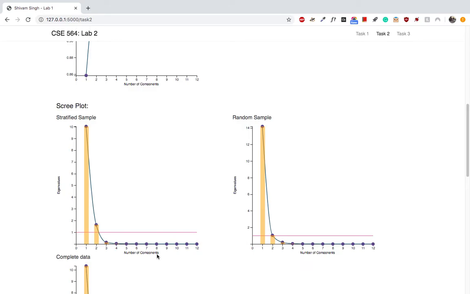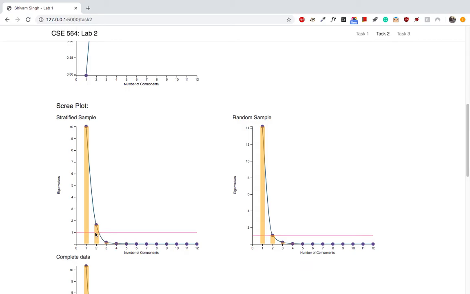This scree plot also adds the Kaiser rule criterion for easy identification of intrinsic dimensionality. As per this rule, any number of components that have eigenvalues less than 1 are insignificant.